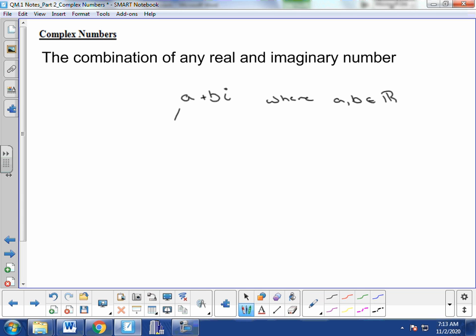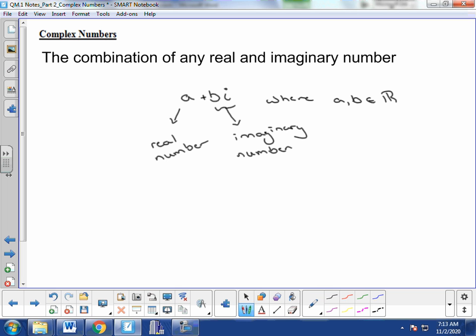So this first term a is going to be a real number. And technically, remember, b times i, put together, is an imaginary number. The b would be telling us that there are multiple values of i. So there are two i's if b is 2, or three i's if b is 3, and so on and so forth.